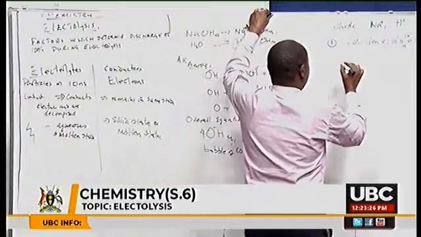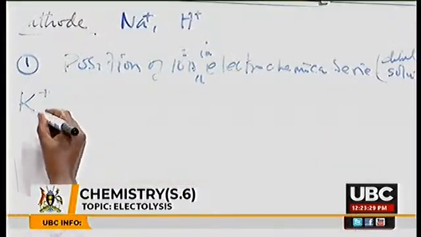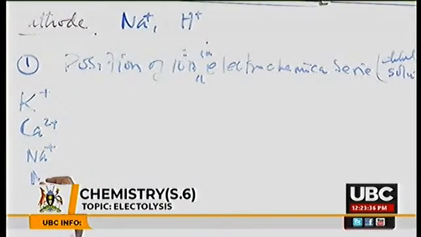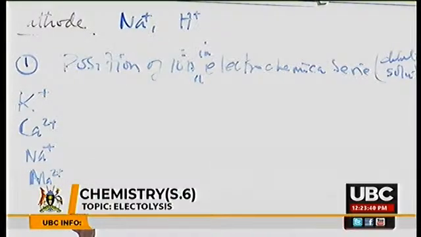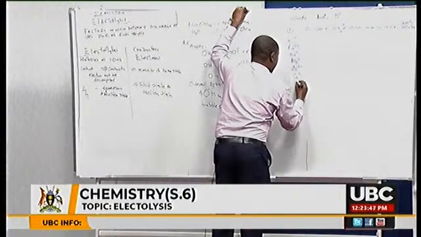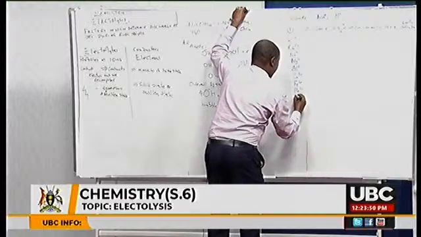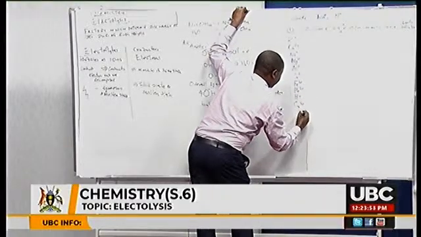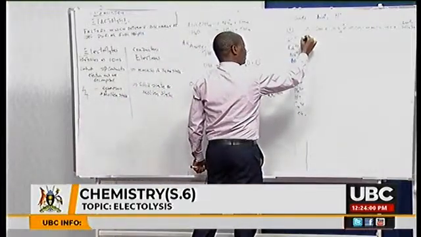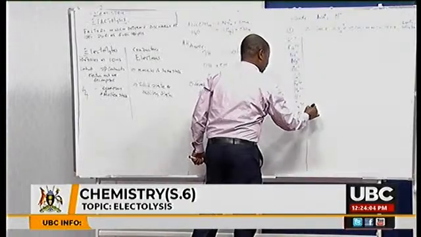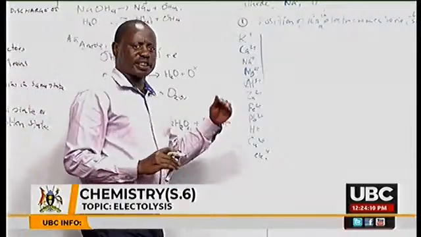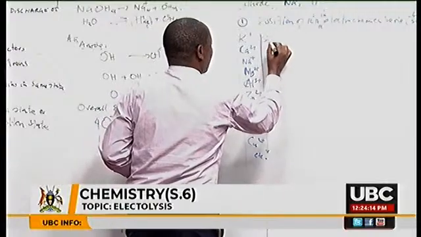And these ions are, we have the highest, potassium at this level, then we have calcium ion, sodium ion, magnesium ion, aluminium ion, zinc ion, iron 2 ion, lead 2 ion, hydrogen ion, copper ion, etc. As you go down, the standard electrode potential decreases, and the energy required to discharge the ion decreases.